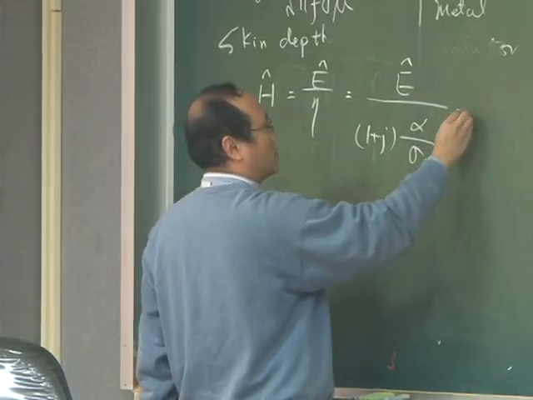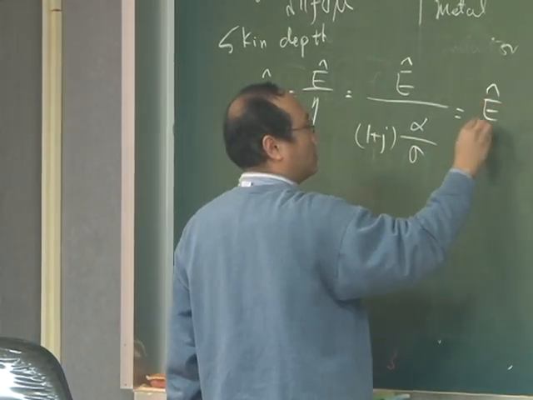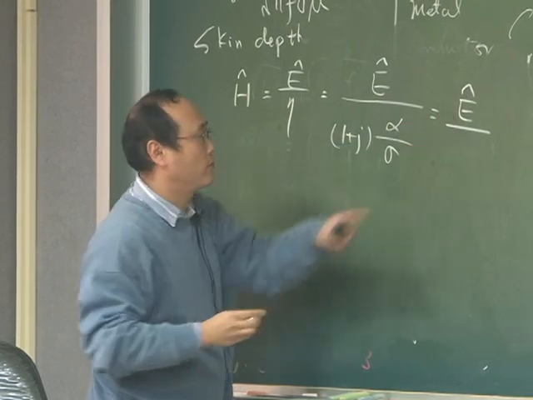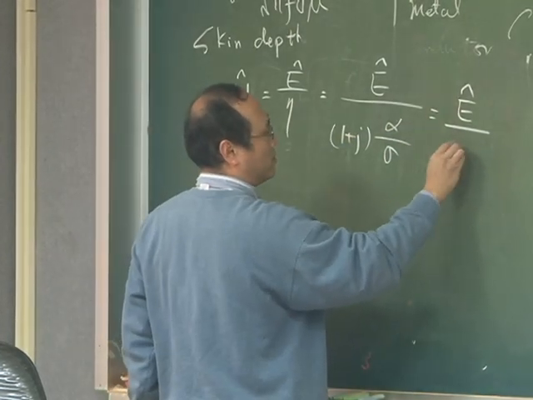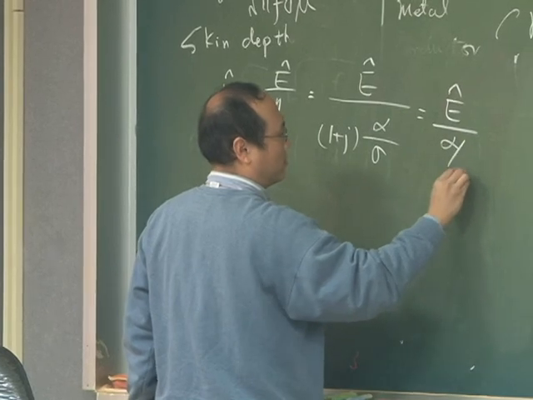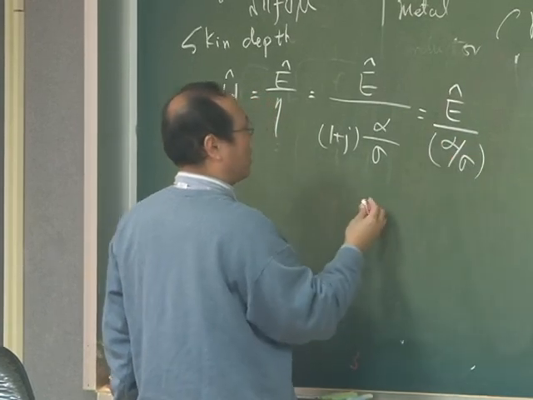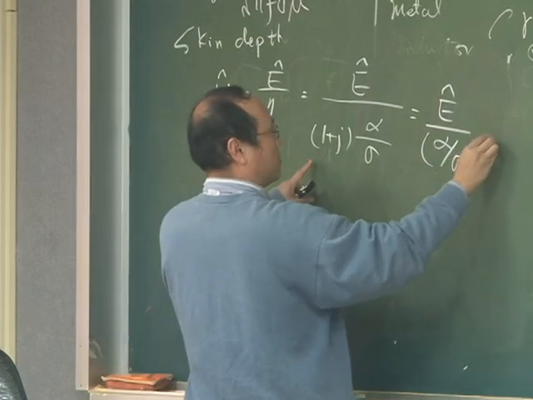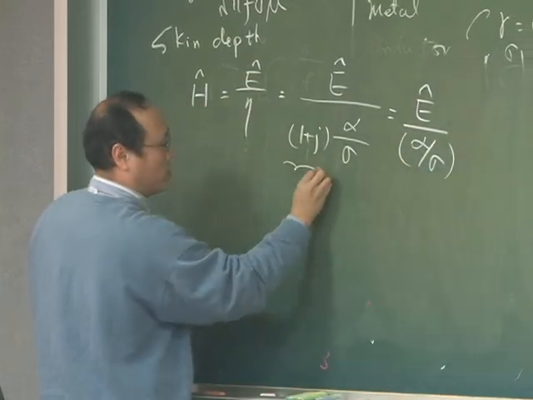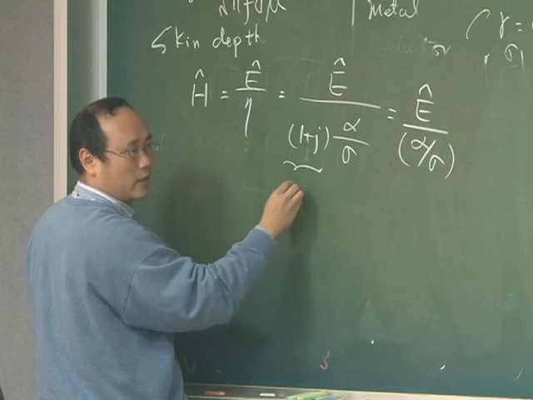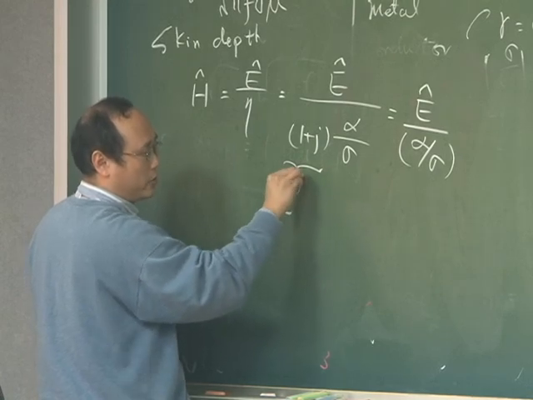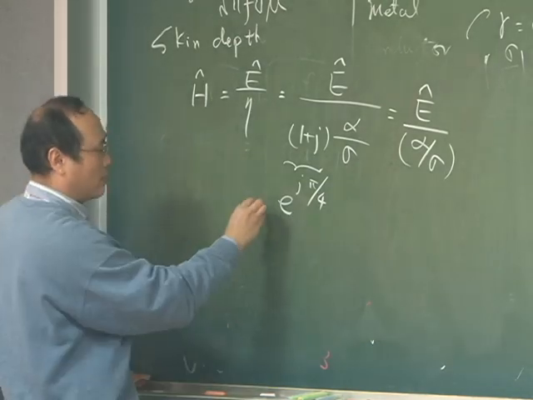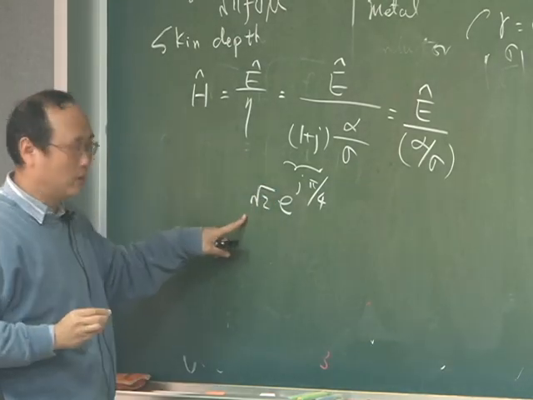So this means that your magnetic field is equal to the phasor of the electric field divided by alpha over sigma, and then this is equal to exponential j pi over 4. So multiply with the square root of 2.